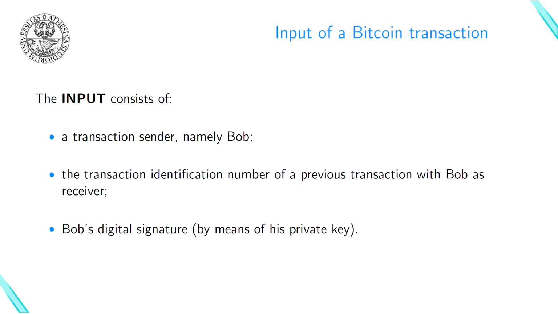The input consists of the transaction sender, Bob in our case, the transaction identification number of a previous transaction with Bob as a receiver, as a recipient. And finally, the input must contain Bob's digital signature by means of his private key.